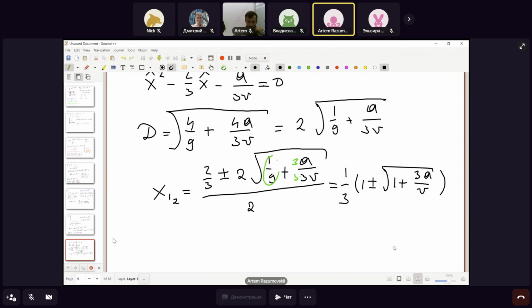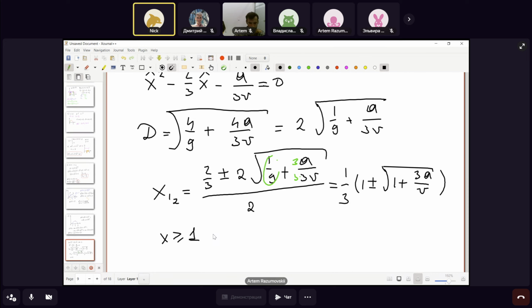Well, and then we need to find which one is better for us. So we need to find such x that is, I guess, greater than 1, right?